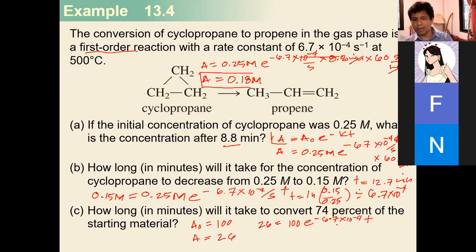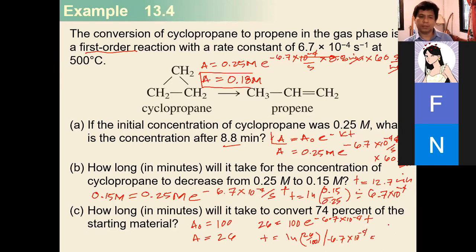So, seconds pa rin yung lalabas dyan. So, pag in-LN nyo to, kung ayaw nyo mag-shift solve, time is equals to LN 26 divided by 100. That's why it's 0.26. Tapos, divided by negative 6.7 times 10 to the minus 4. Nalabas dyan seconds.